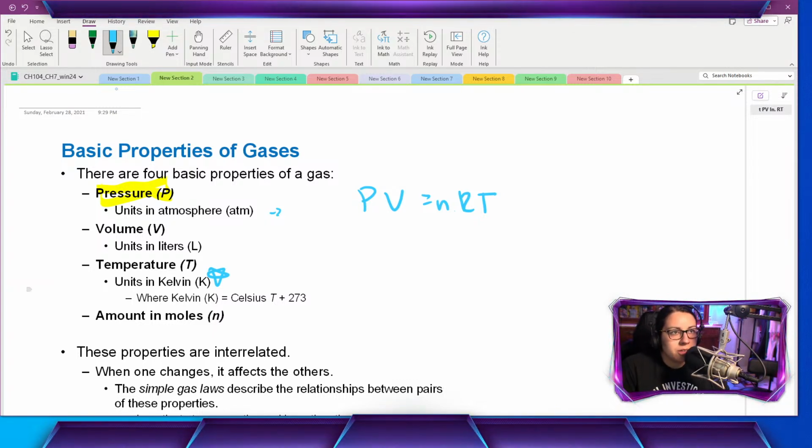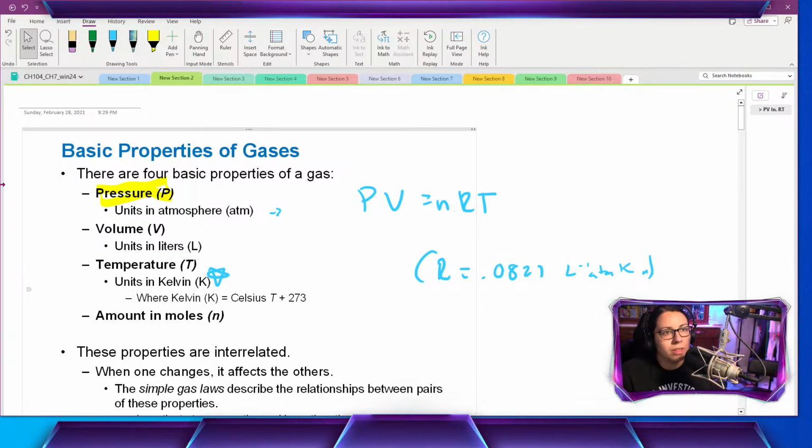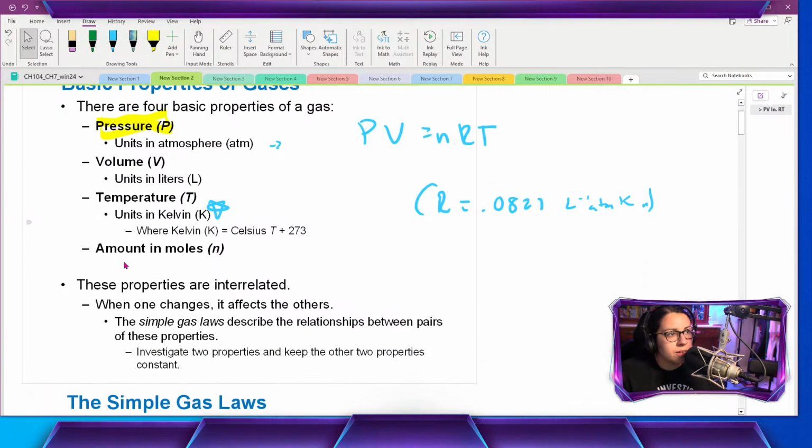It didn't mention our gas constant here, but R is 0.0821, and that is for these units here: liters, atm, Kelvin, moles. We'll look at this and see that these properties are interrelated, and how when one changes, the other ones are affected as well.